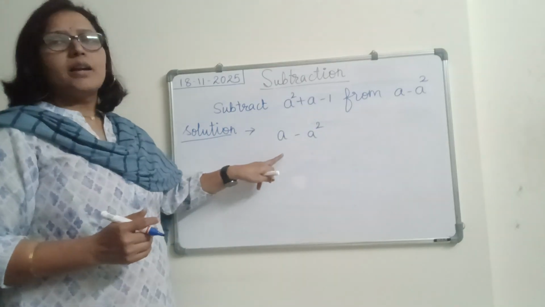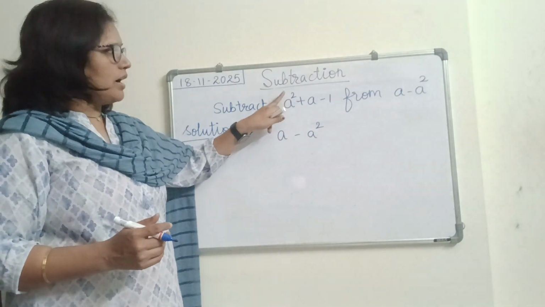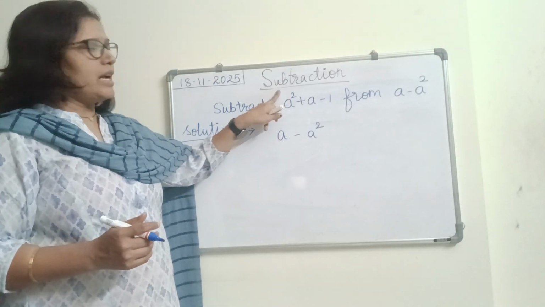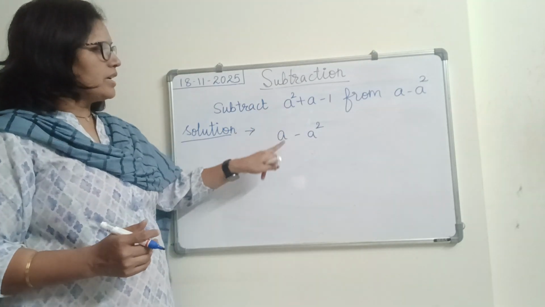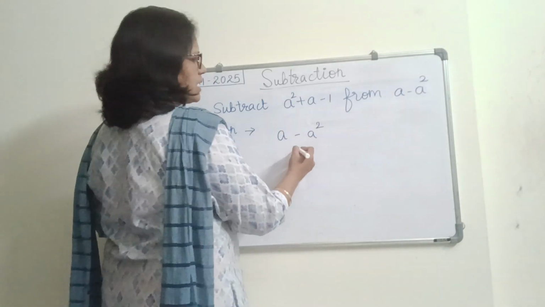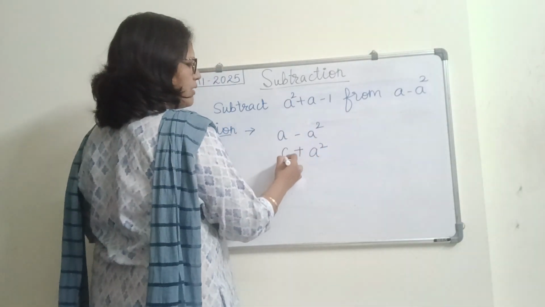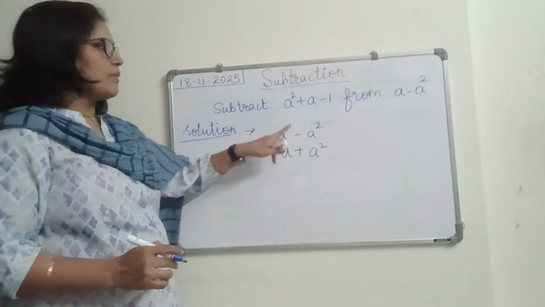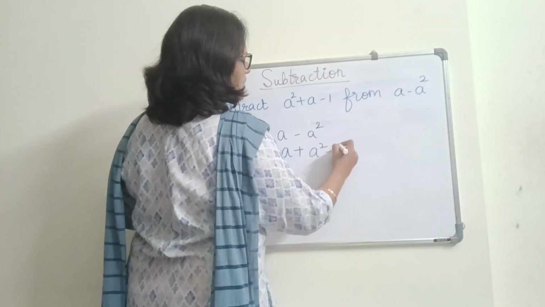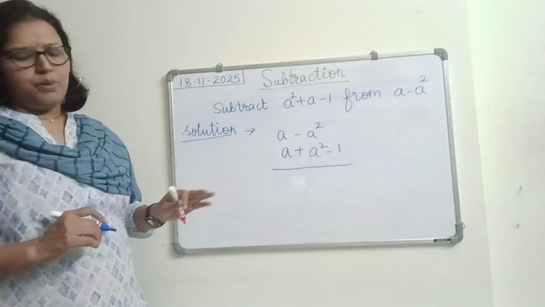You can't write a square under a, because this is a higher power, or the higher degree of a, and this is the single degree. So wherever a square is there, plus a square. After that a will come, because here also there is a plus sign. After that minus 1. So now you have done the arrangement.